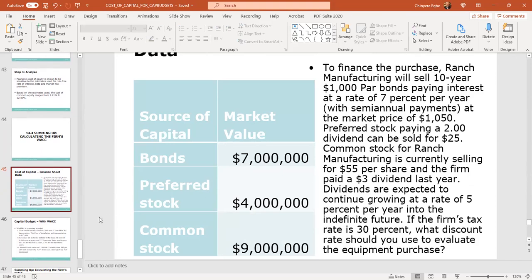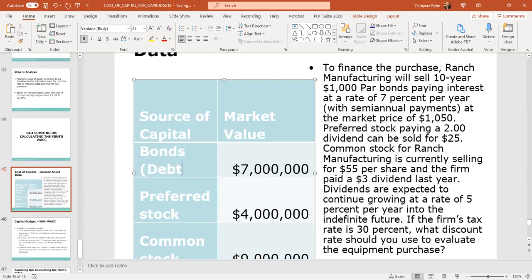So I'm going to create another table here to decide the weights. This represents debt, this is preferred stock, that is common stock.